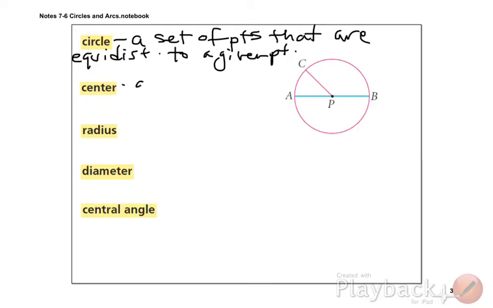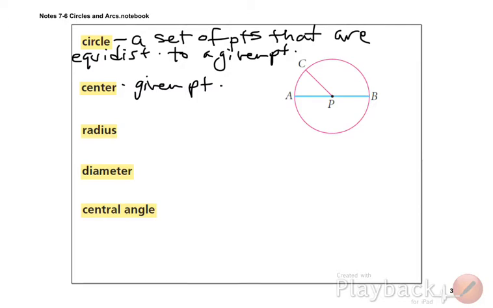So if we look at the circle on the right here, all of these points along this circle are the same distance to that center point. P is the center.